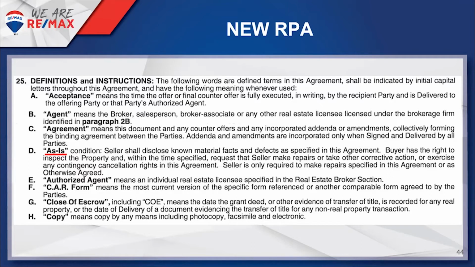And providing a clear termite is a repair if something has to be done to the house to get it. If it needs to be tented, if their dry rot fascia boards have to be removed, that is by definition a repair, and as is means no repairs will be made. They're not obligated to make repairs.